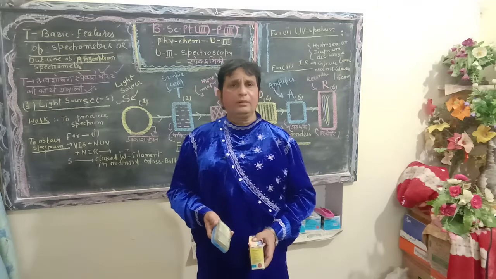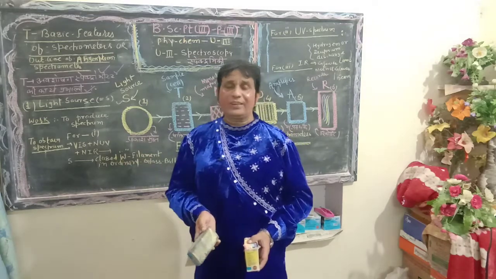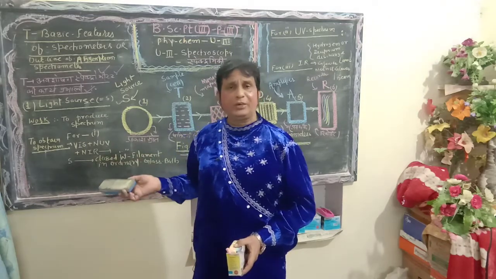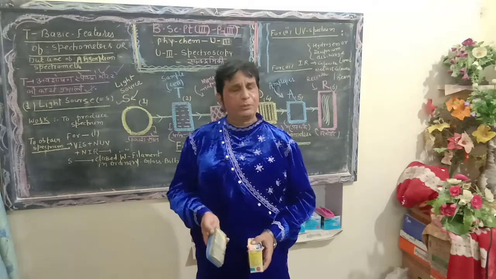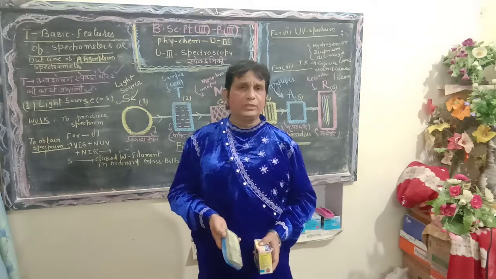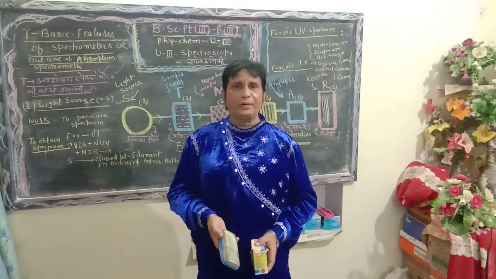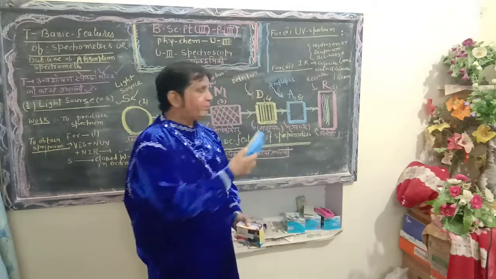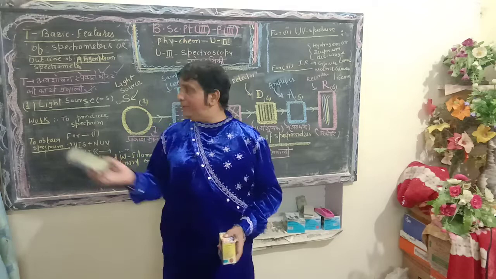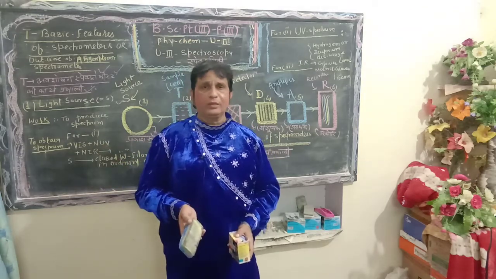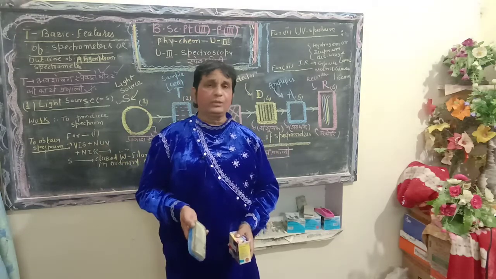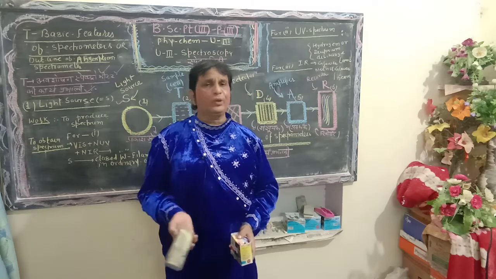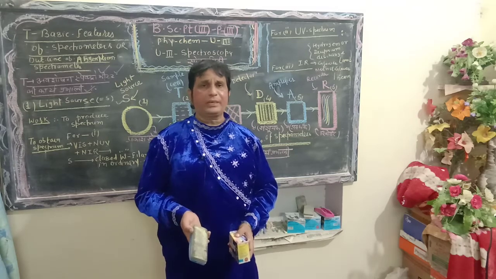Emission spectrum and absorption spectrum are further divided into continuous and discontinuous spectrum. The discontinuous spectrum is further divided into two kinds: atomic spectrum and band spectrum. Atomic spectrum is also known as linear spectrum.